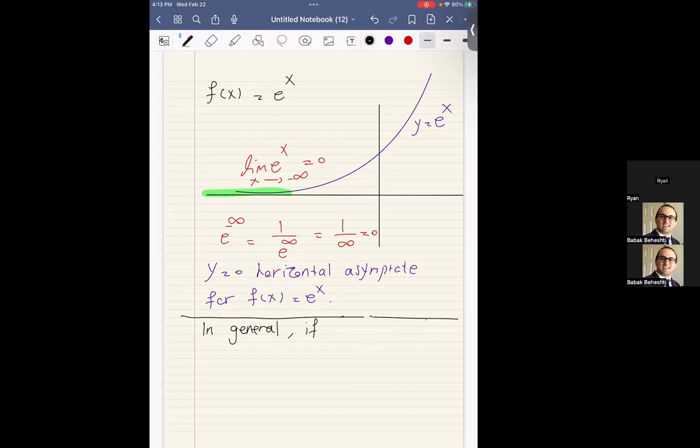If either the limit of f of x, x goes to positive infinity, or the limit of f of x, x goes to negative infinity, is equal to L, then we say that y equal to L is a horizontal asymptote.